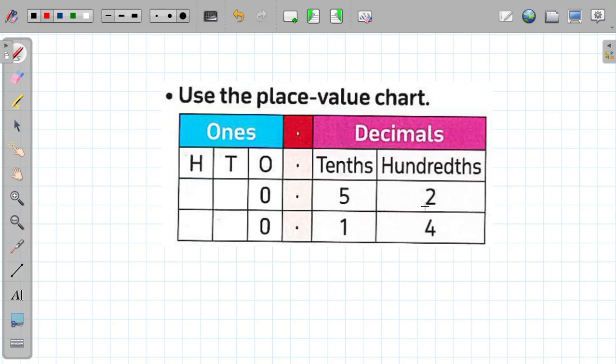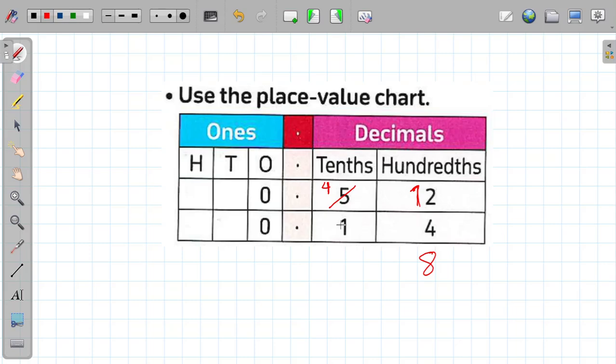I have here 2 minus 4, but I cannot subtract 4 from 2. So I will borrow from 5. So I have here 4 and I will have here 12 parts. So it will be 12 minus 4 equals 8.